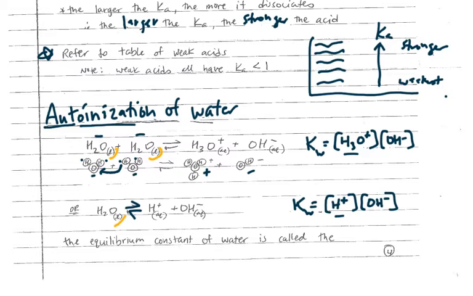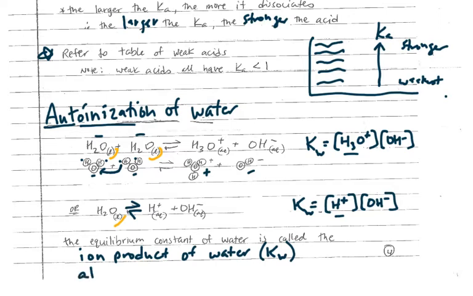So since this is the equilibrium constant of water, we put a little W down there. We call it the Kw, or it has its own special name. It's called the ion product of water, but most people just call it Kw, and we all know that K equals the equilibrium constant.